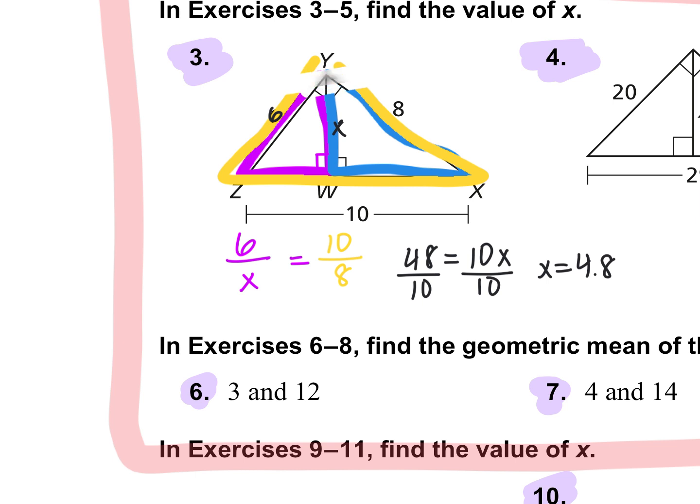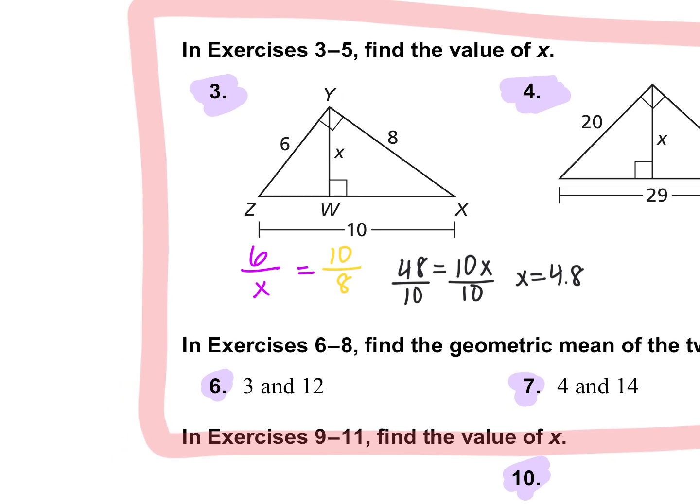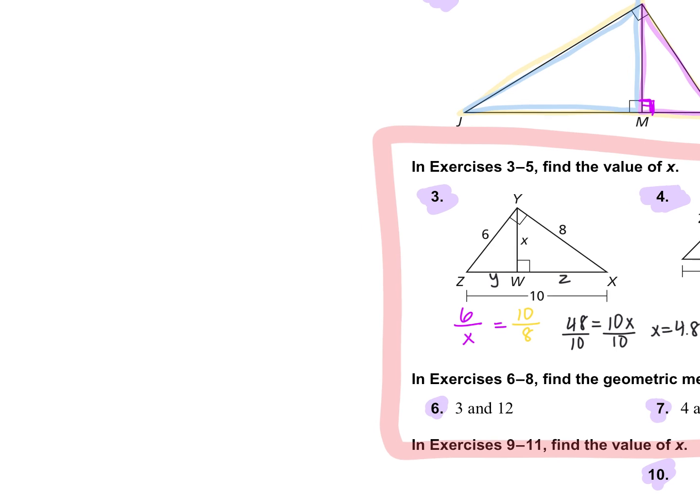So let me erase these so you can see it. I'm going to use the rules for similar triangles. I'm going to call this y and I'm going to call this side z. I'm going to solve for my segments. Solving for my segments, I'm going to do the work on this side. We had formulas, rules, and theorems that help us solve for segments.